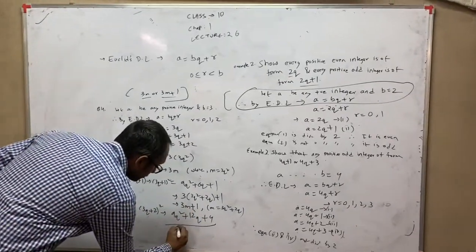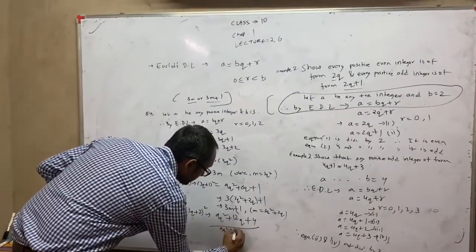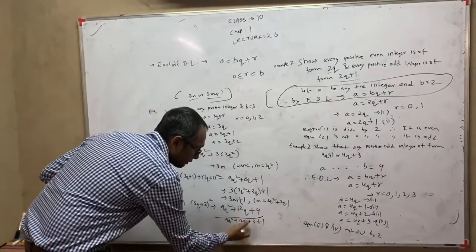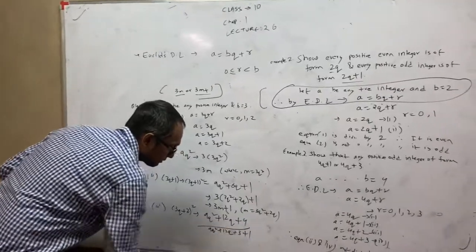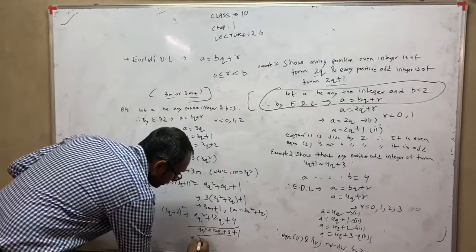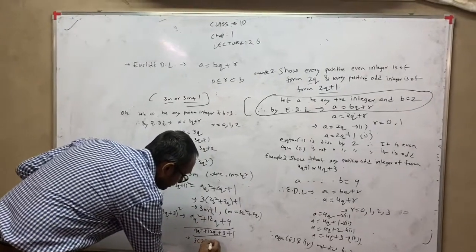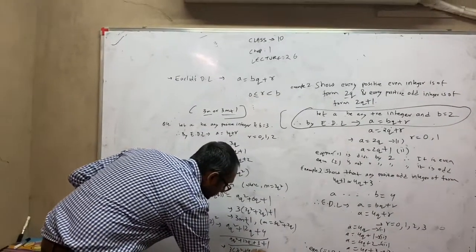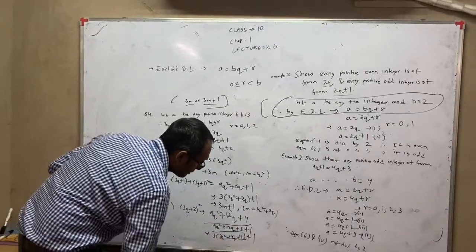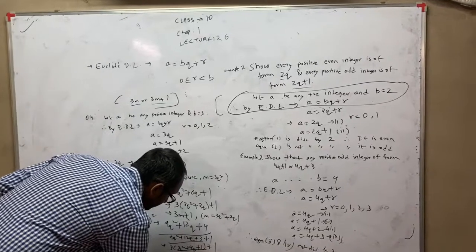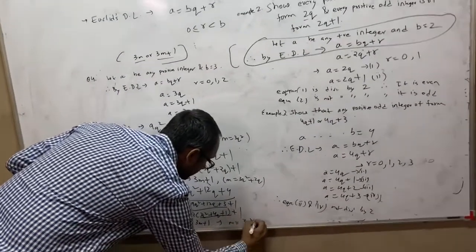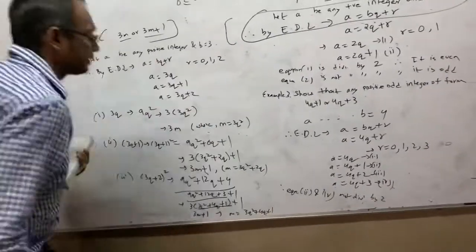So one step we have to do: 9q square plus 12q, and 4 I will write as 3 plus 1. 4 is equal to 3 plus 1, so I will write plus 3 plus 1. Now from these I can take out 3 common. So 3q square plus 4q plus 1, and this I will say to be my m now. 3m plus 1 where m is equal to 3q square plus 4q plus 1.